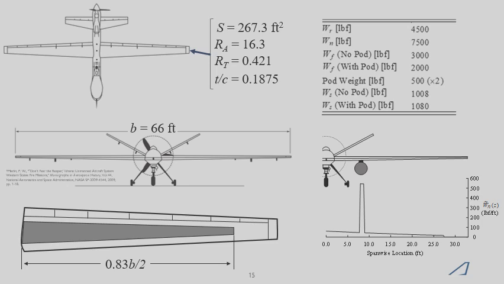Additionally, the Icana sometimes carries an instrumentation pod that weighs 500 pounds at a point that's 25% of the semispan. Now we looked at two configurations, one that has the instrumentation pod and one that doesn't. And the weight distribution for the pod configuration is shown here on the right.